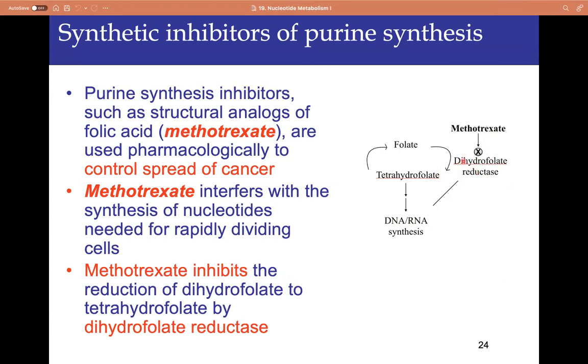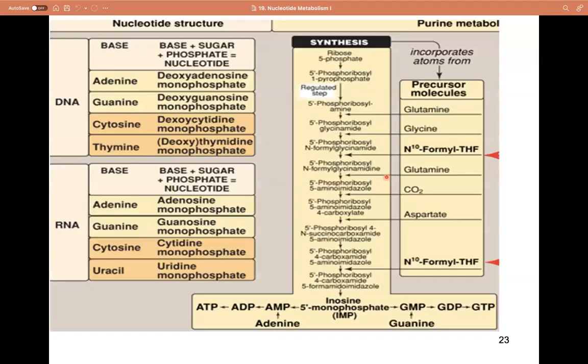It is the enzyme that converts folate into tetrahydrofolate. Tetrahydrofolate is necessary, as we saw here, in various steps in purine metabolism. So where we don't have tetrahydrofolate, you're not going to be able to produce AMP or GMP. So these nucleotides are not produced, and that prevents cell replication.